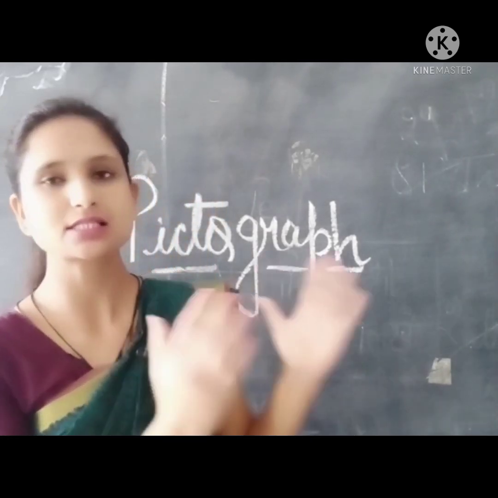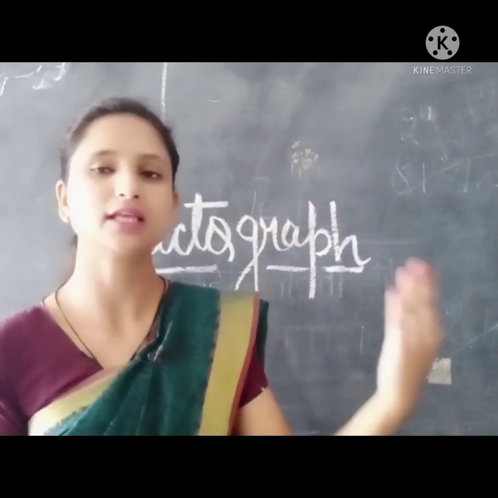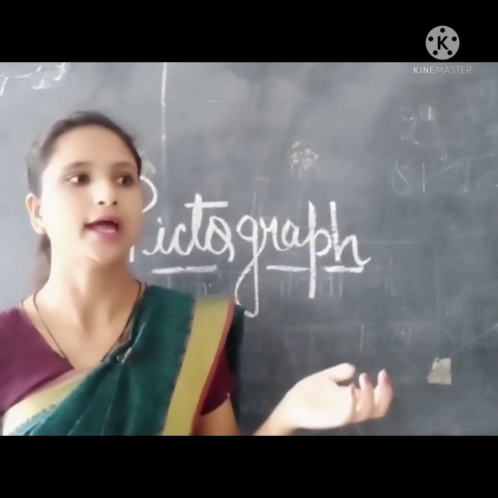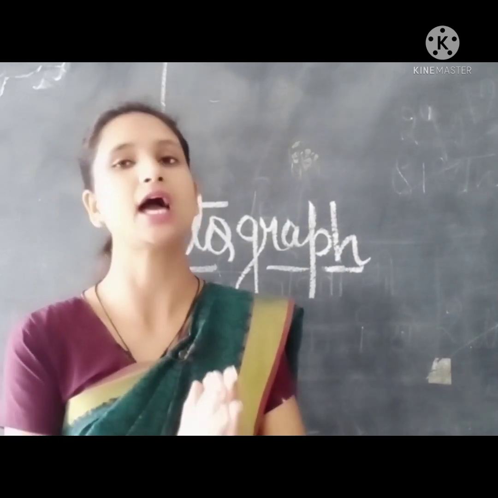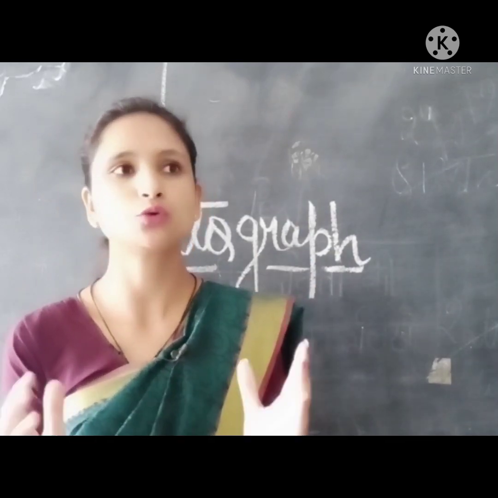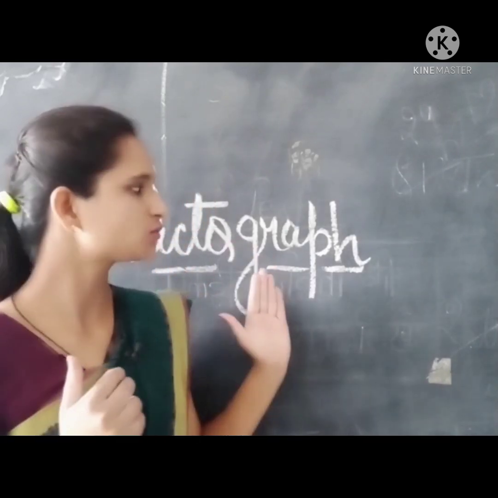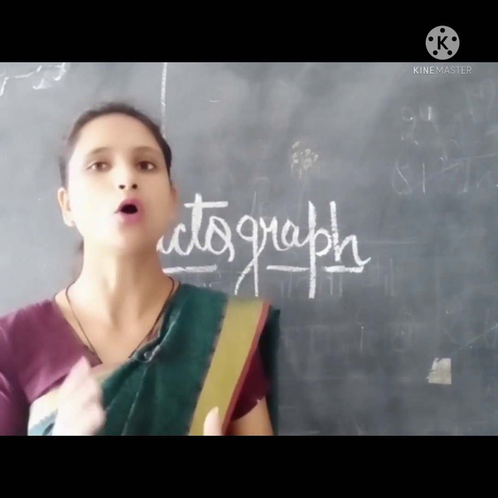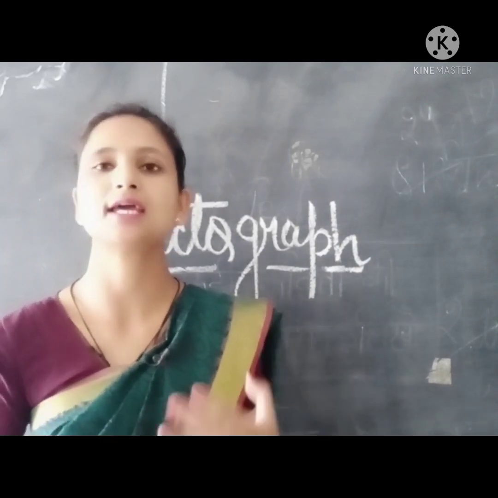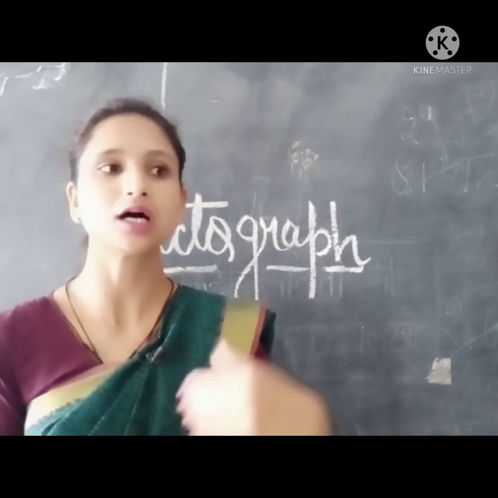That this company is advertising their brand. Whenever you look at things that have pictures in them, you remember them in a better way. That is why pictograph is used to represent data or any information that we have to convey to other people.